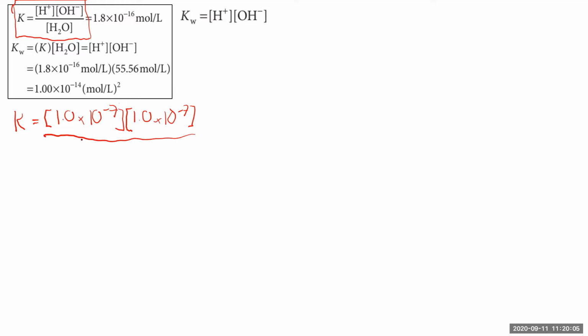Now, we know that for every 1 liter of water, there are 1,000 grams of water. And we also know that it has a molar mass of 18 grams. So, all we have to do is to divide 1,000 grams by 18 grams to get 55.56 molars.